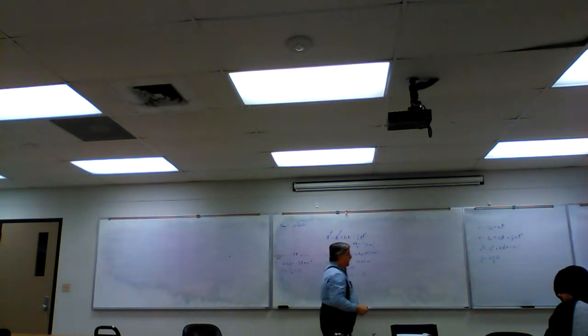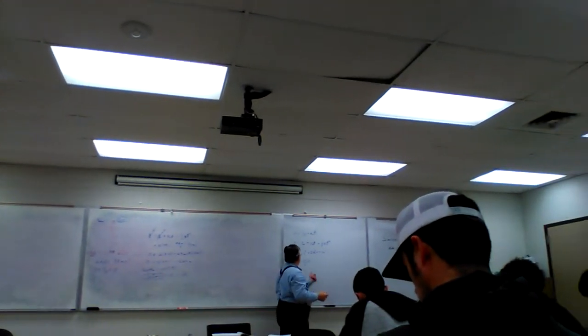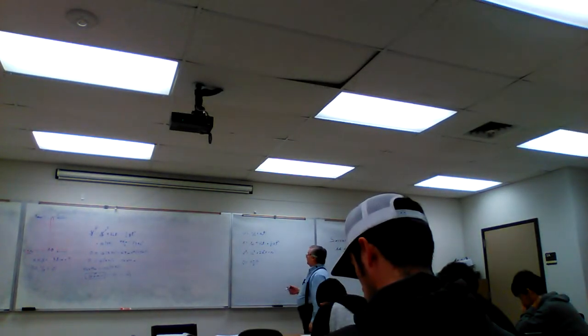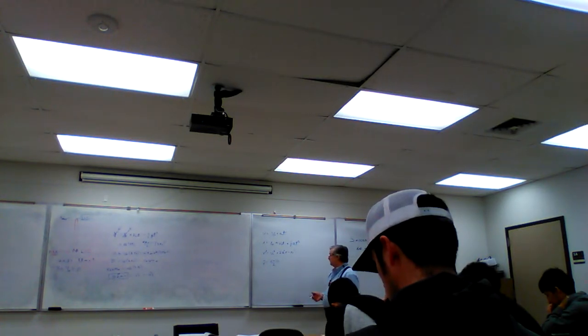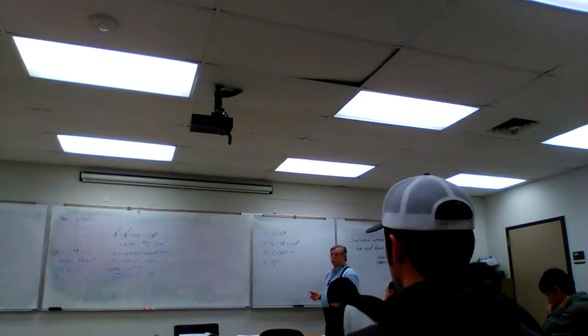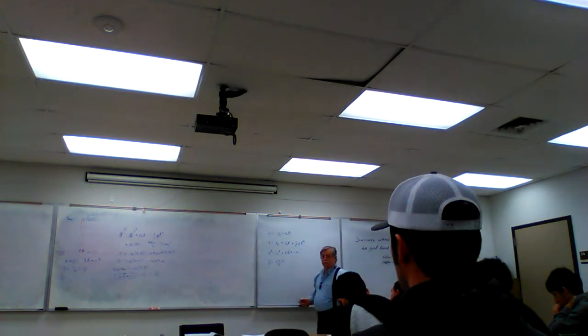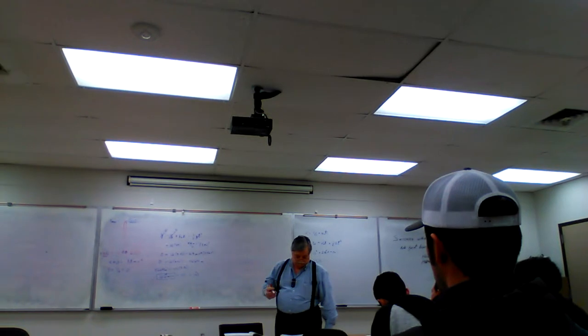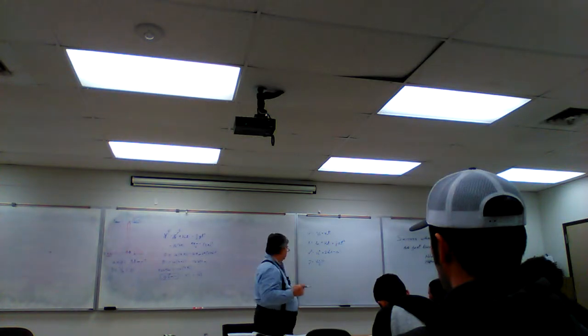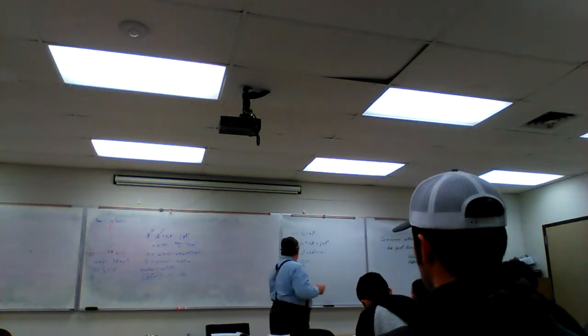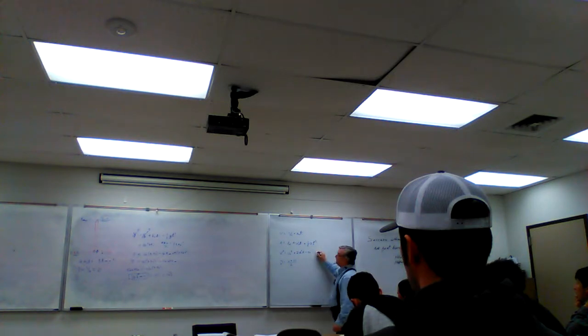Now, which of these four equations would be most useful to us? Second one still? Yeah, I would think that the third one would be the simpler one to use.